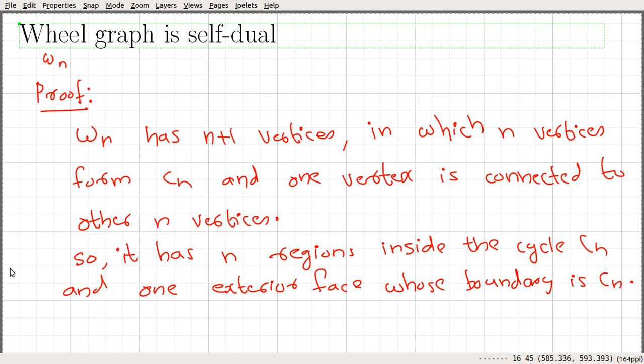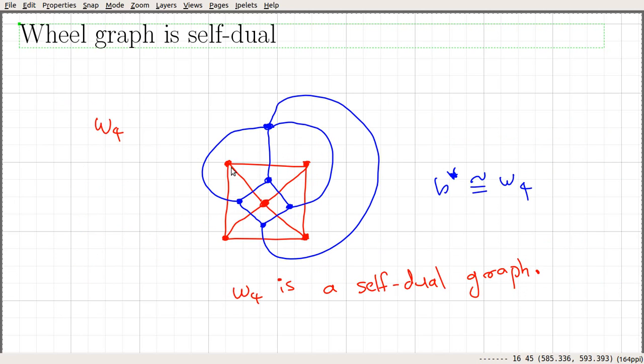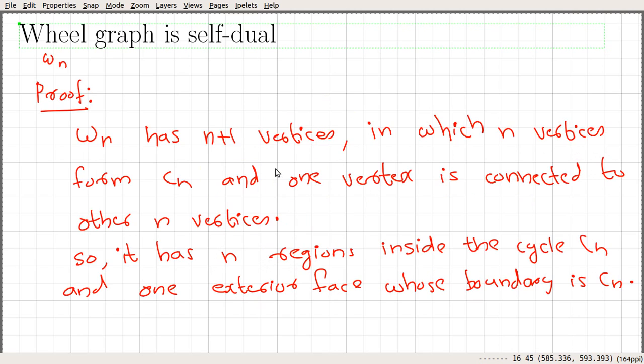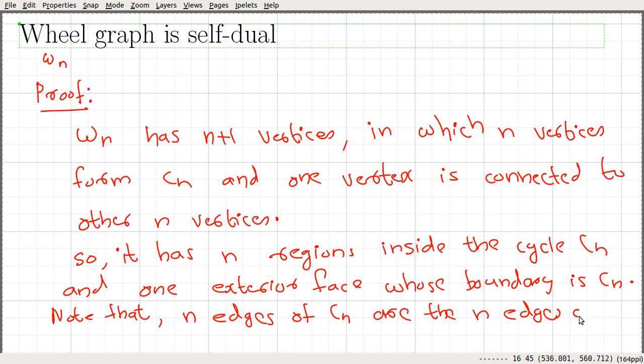Here you can very easily see that these 4 edges of C4, the n edges of that cycle graph Cn, are the n edges of the n interior faces.